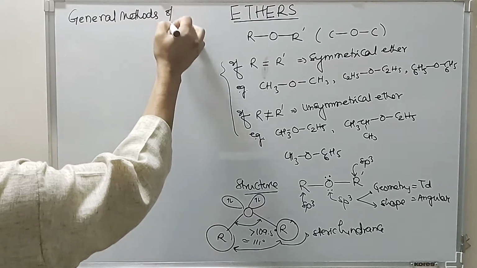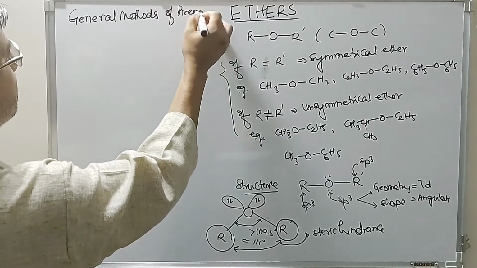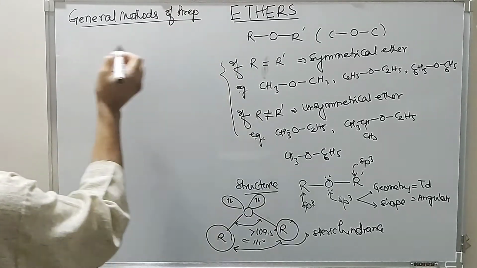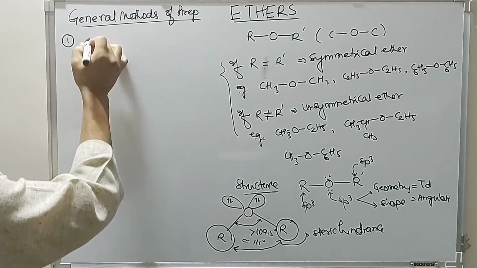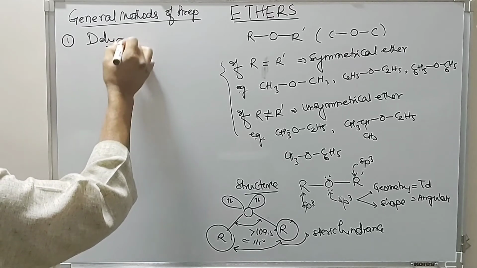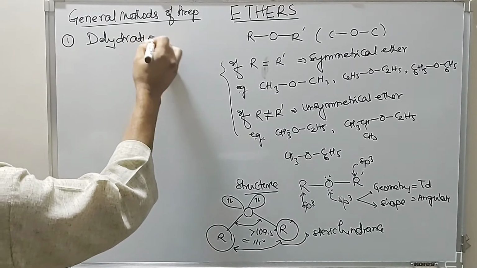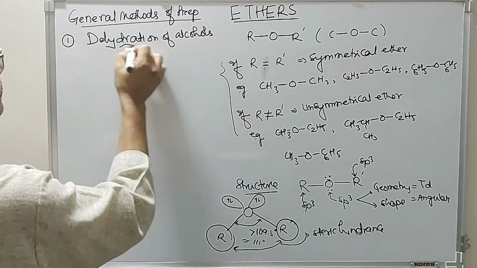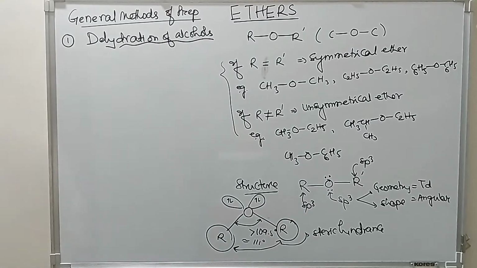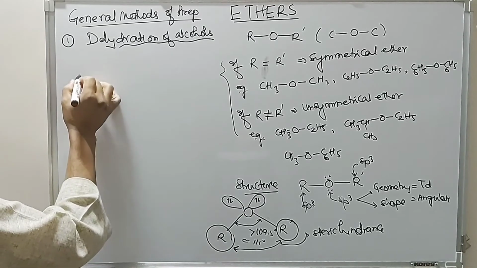General methods of preparation. First one: internal dehydration of alcohols, that is, from alcohols. This was one of the chemical properties of alcohols that we discussed in previous lectures.